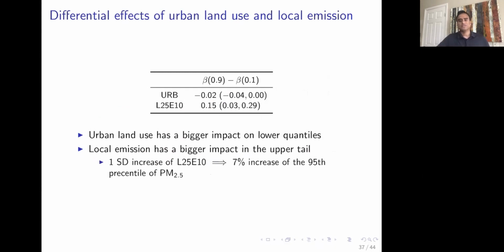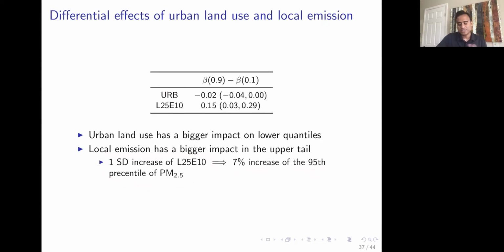They don't have much effect in the median, but urban land use has a strong effect on the lower quantiles, and the local emission has a strong effect on the upper quantiles. For example, if you increase local emission by 1 standard deviation, that causes a 7% increase in the 95th percentile of PM 2.5.